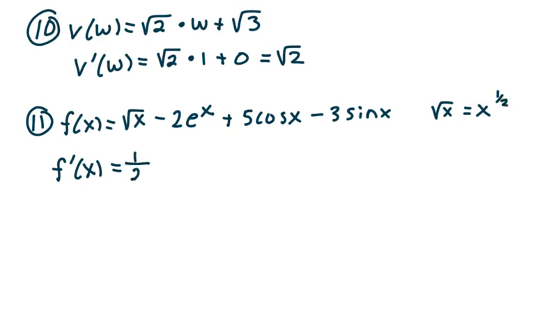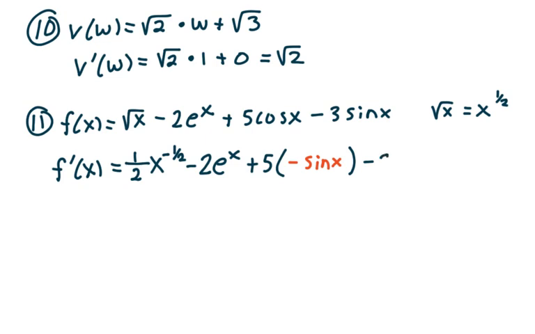So when I take the derivative, I get 1/2 x to the negative 1/2 for the first term, minus 2e to the x, right? The derivative of e to the x is e to the x, plus 5 times the derivative of cosine x, which is negative sine of x. And I'll put that in red.